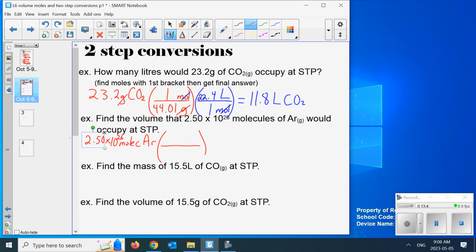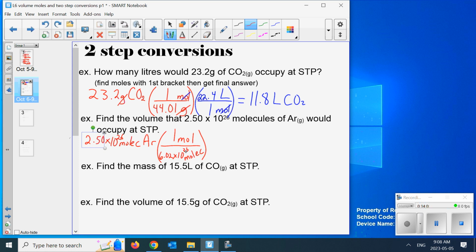And the flat fraction. And I ask myself, what do I want to get rid of? Molecules. And we always want to get 1 mole, what I want to keep on the top. That's the first bracket, always has mole on the top. Then I say, there's 6.02 times 10 to the 23.